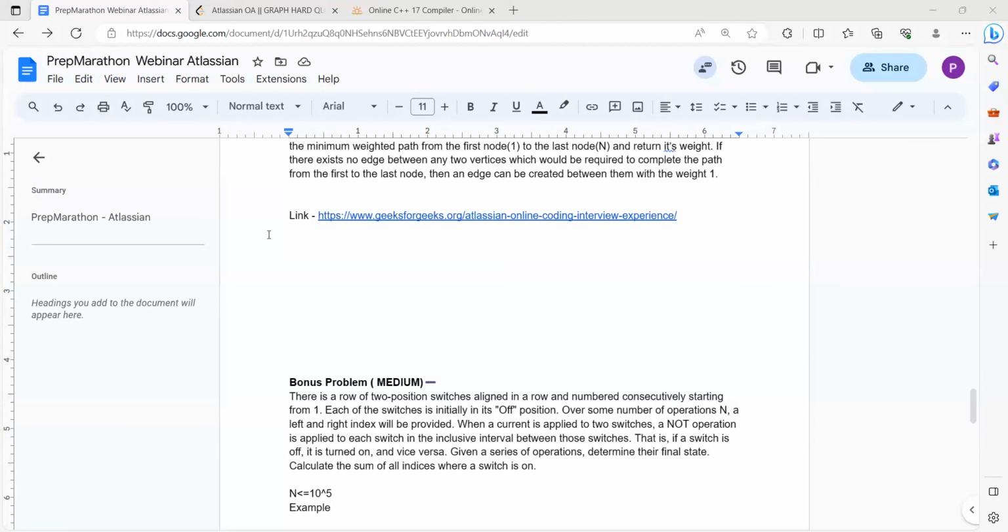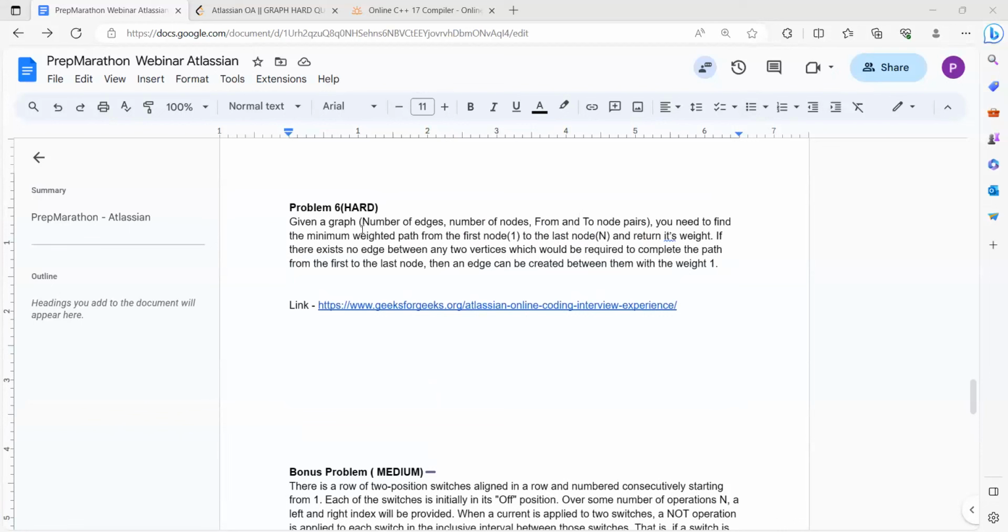The problem is not very hard, but you have to do the Dijkstra two times. The first time, you try to find the nodes which are not reachable, and you make an edge from node one to that node with a weight of 1. It is clearly mentioned that if you require adding any edge between two nodes so that you can go from one to the end, you can add an edge of weight 1.